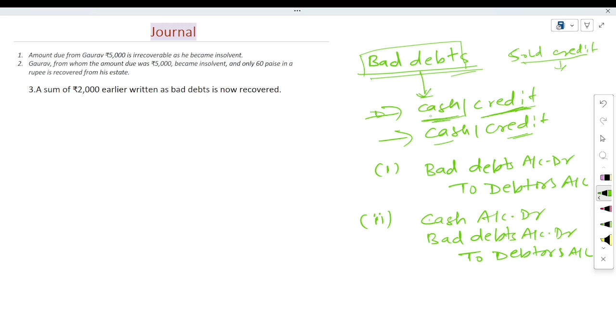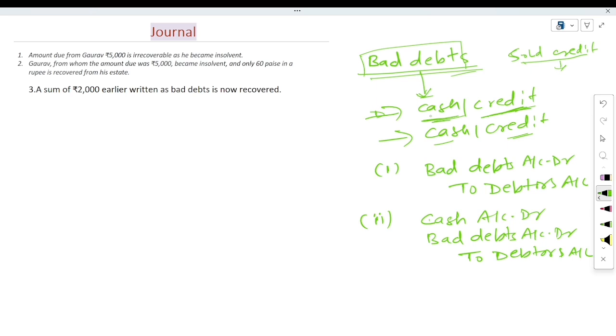Now come to another case where you have written off an amount as bad debts, but after a certain period of time your debtor comes and tells you, this is your amount, just collect it. Then what entry will you pass?